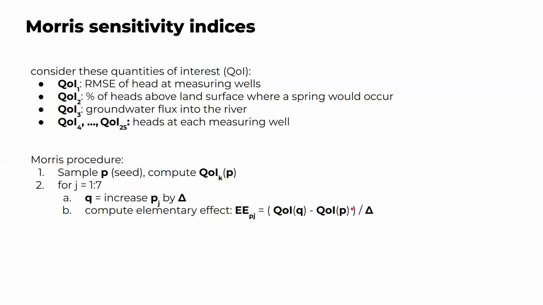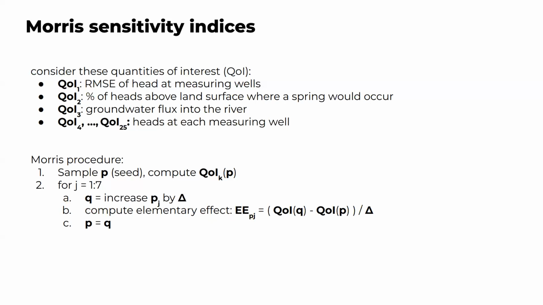You take this difference, which is essentially a finite difference approximation of the gradient, or actually of the partial derivative of the quantity of interest with respect to the jth parameter, and you compute this elementary effect. Then you start over, so you perturb the second parameter, compute the finite difference with respect to that perturbation, then perturb the third, then perturb the fourth, and so on.